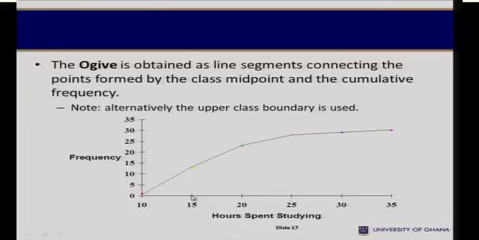The midpoint for the second class is 15, and we had 12, but the cumulative is 13, so this represents 13. This represents 23, and so on.